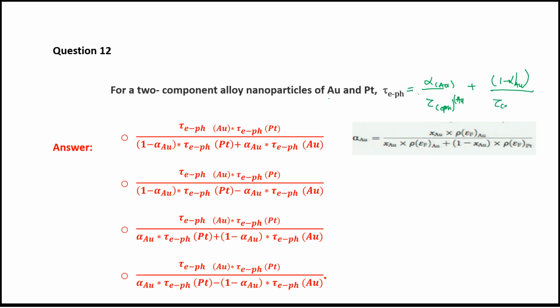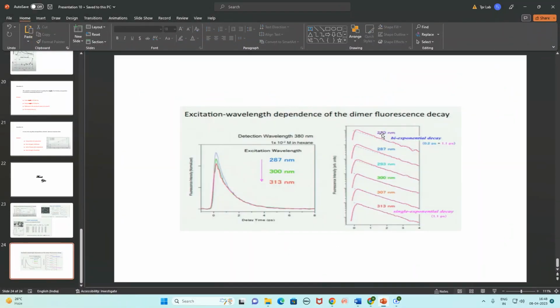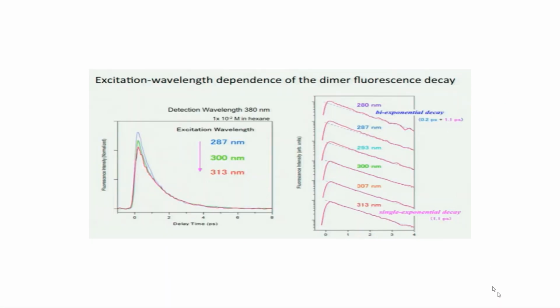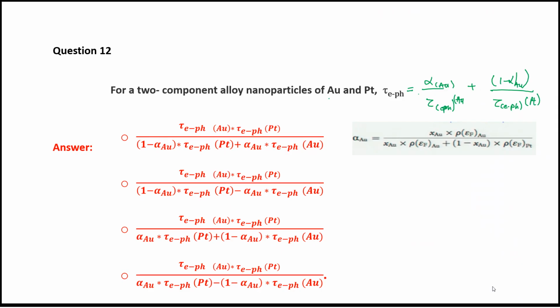Now for each of these components, to be more clear, the final equation is tau EPH due to both gold and platinum, in terms of alpha.